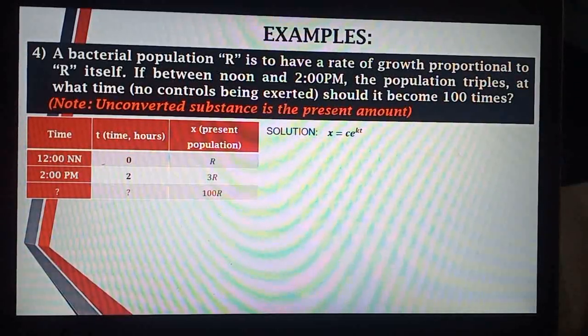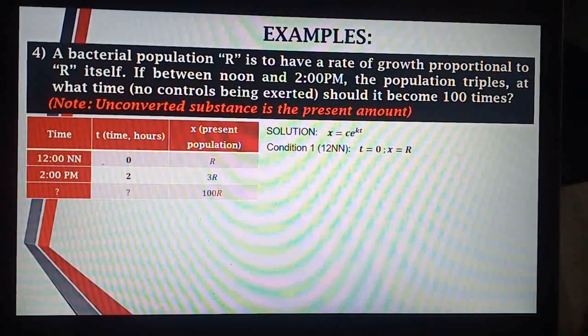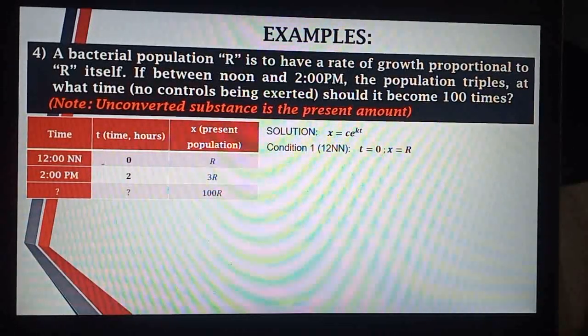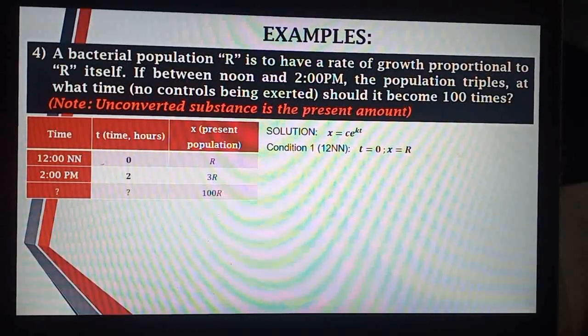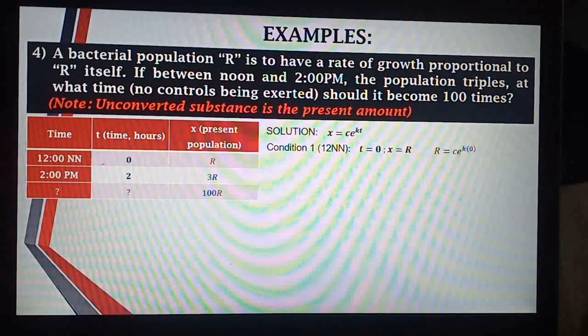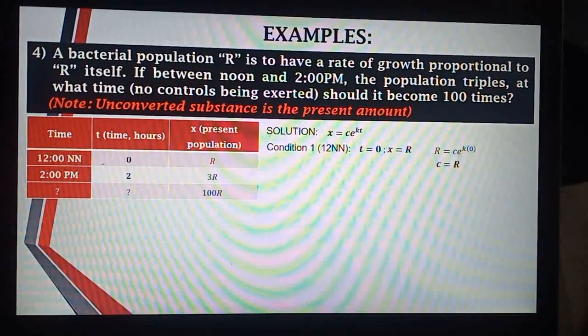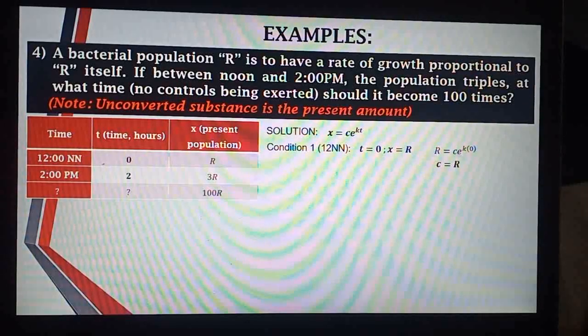You have the formula again, x equals c e raised to kt. Our condition 1, at 12 noon, the time is 0, and the value of our x is r. So, isa-substitute natin siya ngayon. You will have r equals c e raised to k of 0. So, the value of our c is now r.